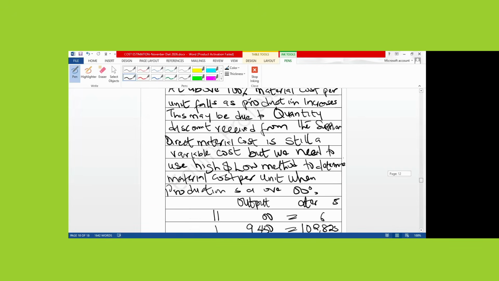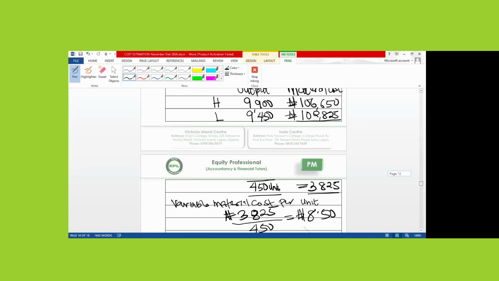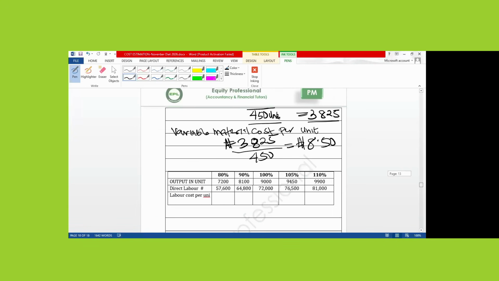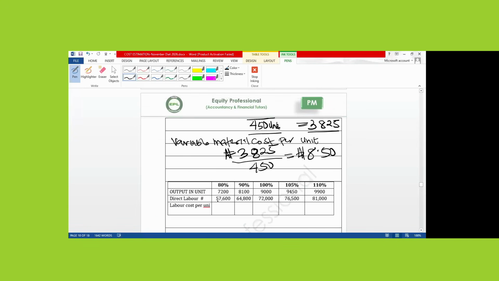You are going to do the same thing. Take the labor cost to per unit. 57,600 divided by 7,200 units. What do we have here? 8 naira. Next, 8 naira also.